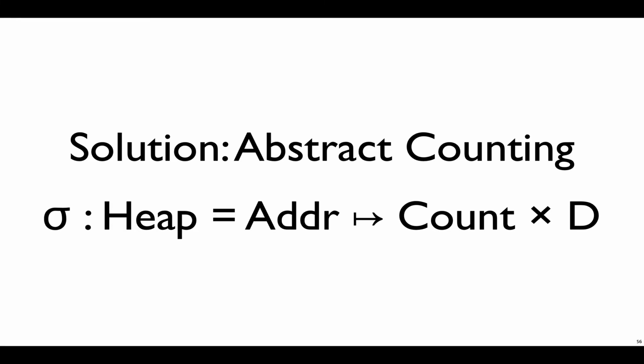The abstract counting technique maintains a count of the number of concrete entities that a given abstract entity represents. When embedded in an operational framework, abstract counting is manifest as an enriched heap, which maps addresses not only to denotable values d, but also to a count of the number of concrete entities represented by that abstract allocation.